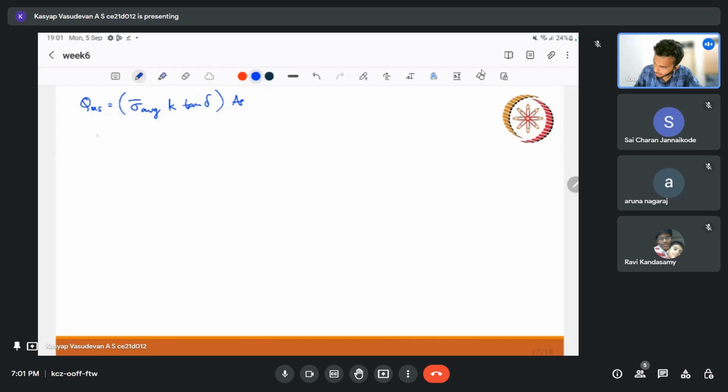Let us divide it into two layers. Layer 1 is above the water table. For that, QS1 will be equal to the average, 0 plus 86.4 by 2, this is our sigma average, into K, K is equal to 1, tan delta, where delta we found out as 22.5, so tan 22.5.